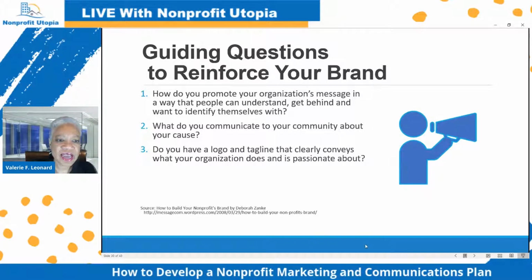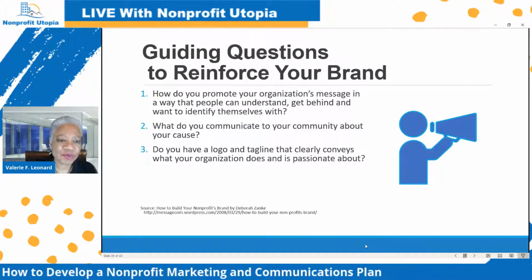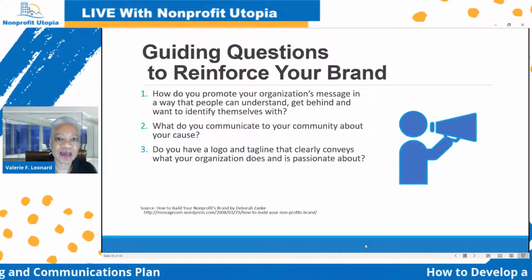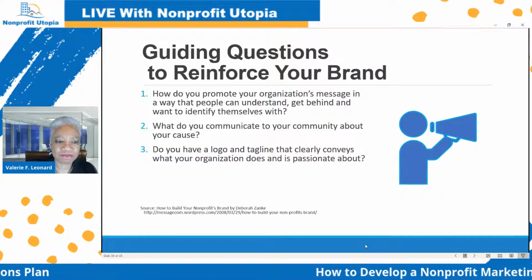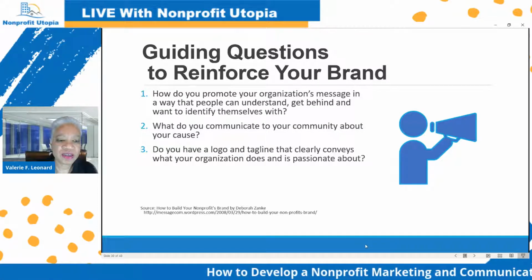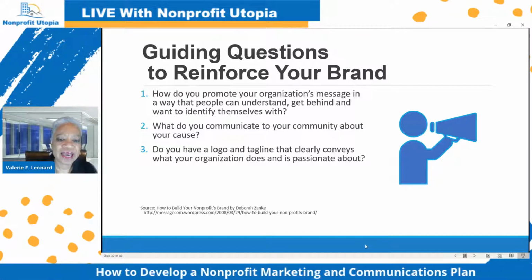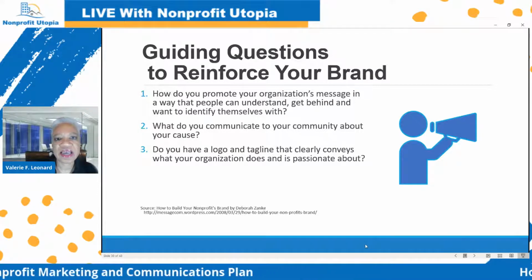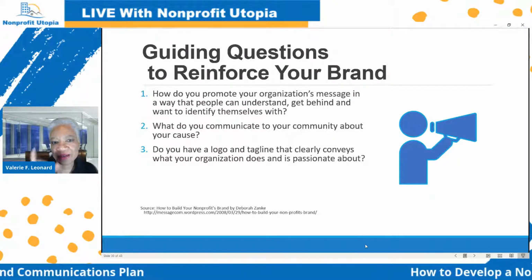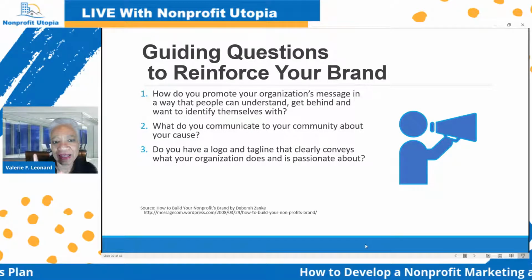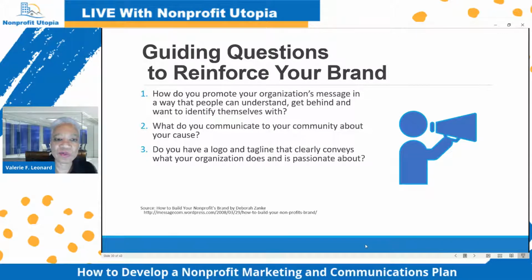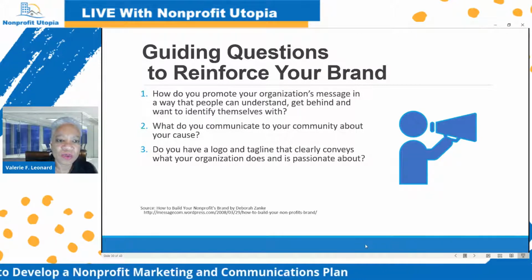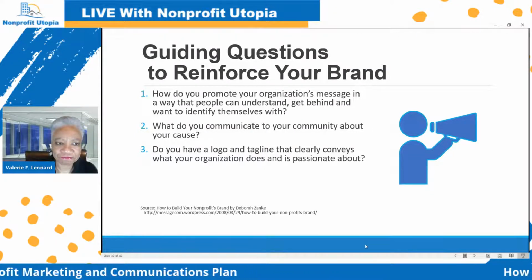And then the second guiding question is, what do you communicate to your community about your cause? And third, do you have a logo and a tagline that clearly conveys what your organization does and is passionate about? So when they look at that logo and that tagline, they know immediately whether or not they want to be involved with you or your cause.